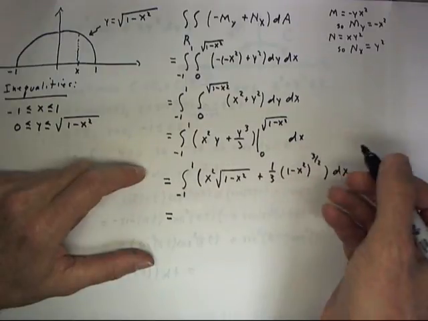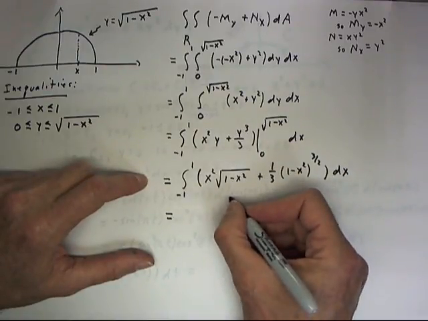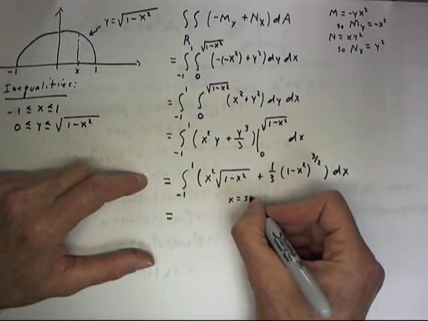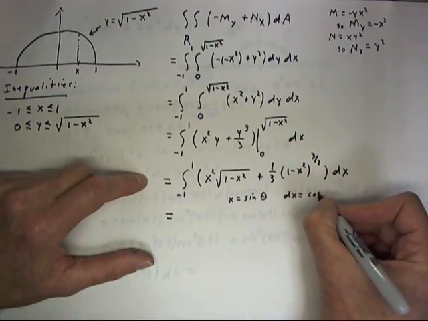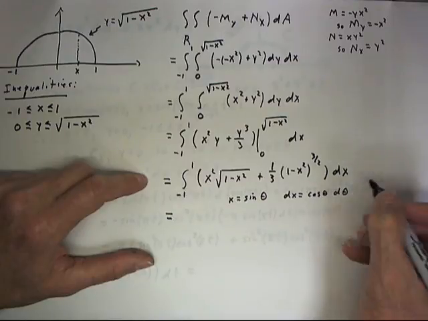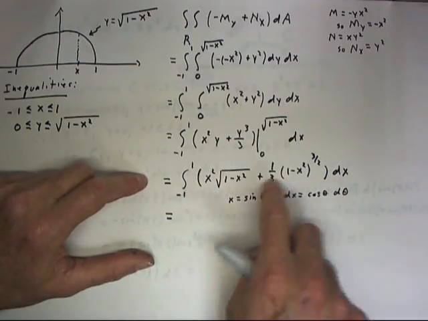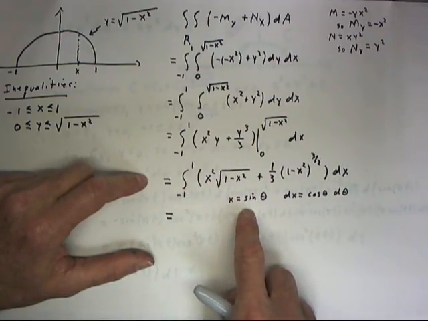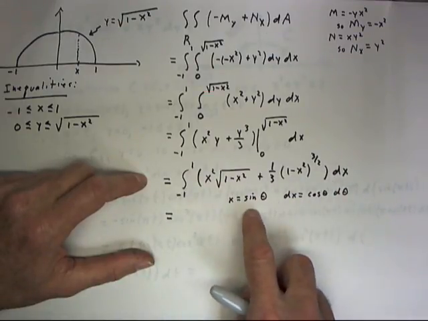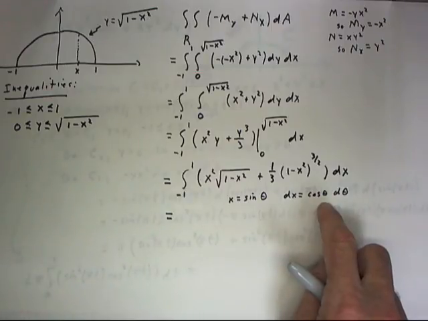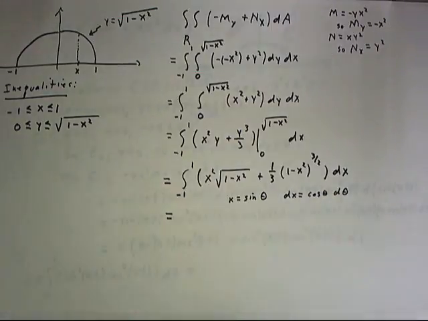I'm simply going to say that we could let x equal, let's say, sine theta, so that dx equals cosine theta d theta, and reduce these integrals to trigonometric integrals that we can then evaluate using the usual techniques.